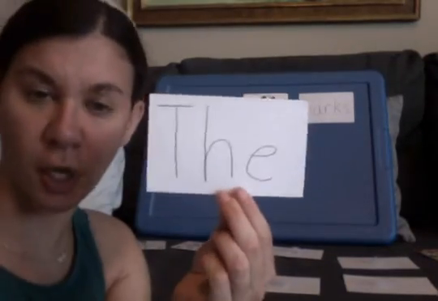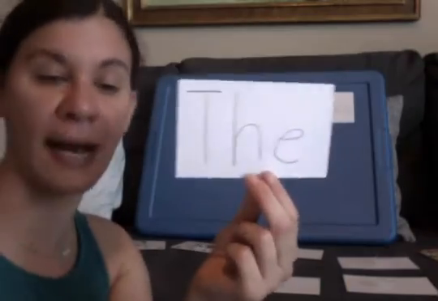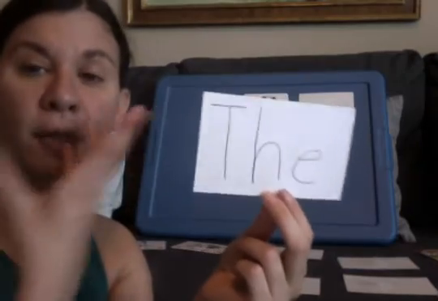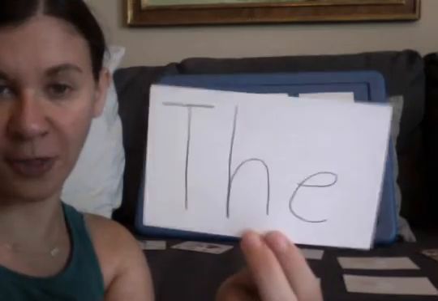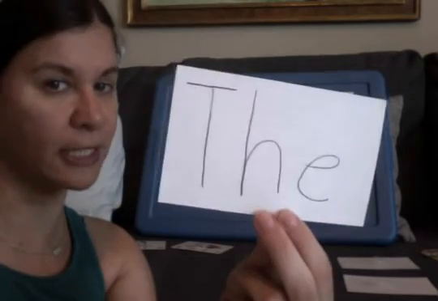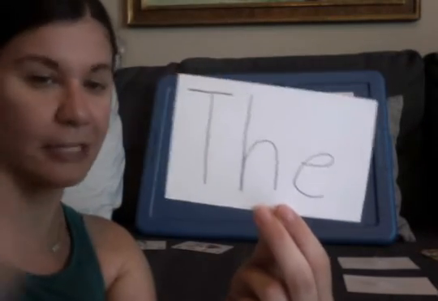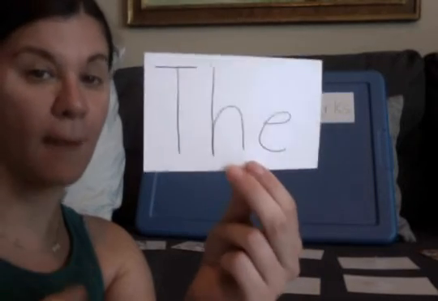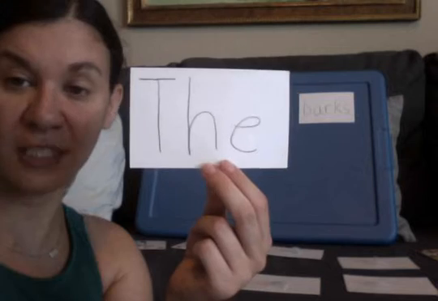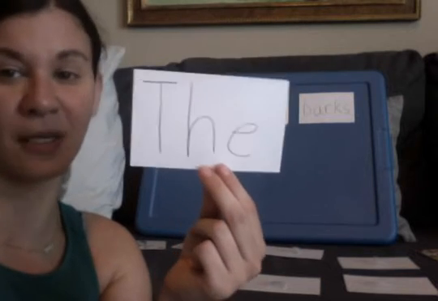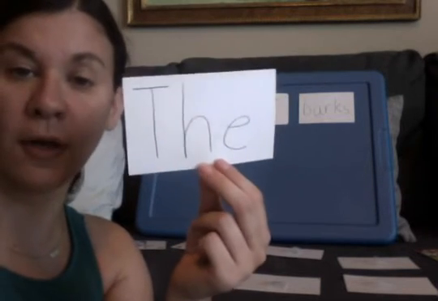It's also called an article. We put it in front of a noun. It helps us to know what noun, right? So if I put this in front of it, what word is this? Take a look. This, we just kind of have to know it, but I'll give you a hint. TH makes a the sound, and the E just goes along. So this is the word the.